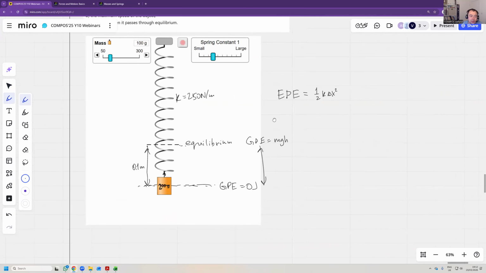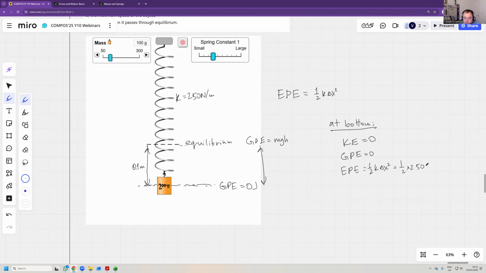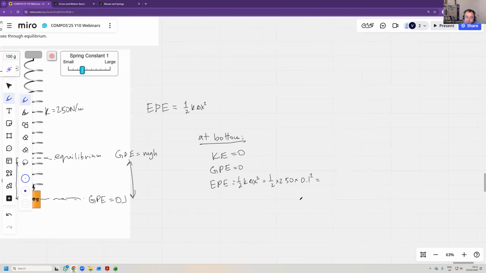Okay, so at the bottom, kinetic energy is 0, gravitational potential energy is 0, and the elastic potential energy is 1/2 k delta x squared, which is 1/2 times 250 times 0.1 squared, which is 1.25 joules.